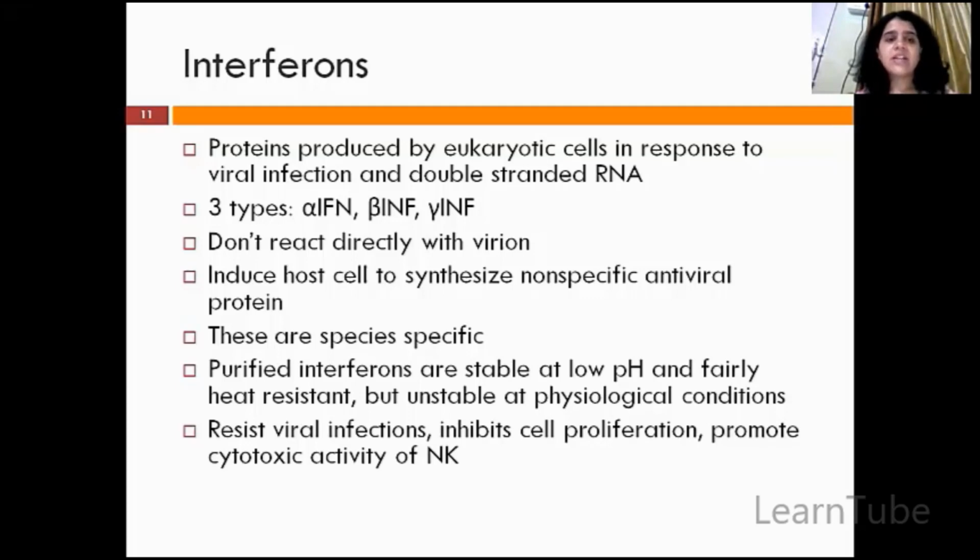They don't directly react with the virus, but they produce some antiviral proteins which are non-specific in nature. Since they are non-specific, they can act against many kinds of viral infection. Not all, but being non-specific, they can lead to destruction of many viral proteins.